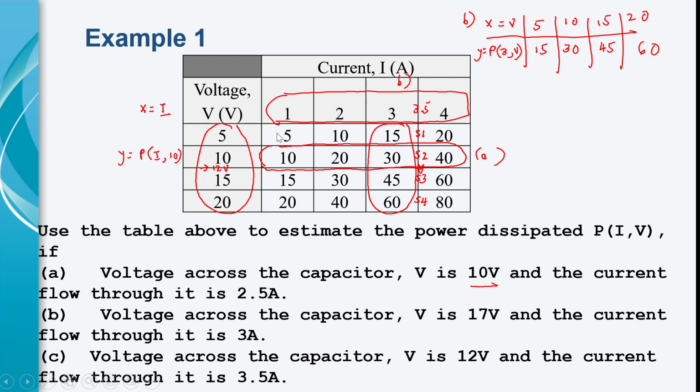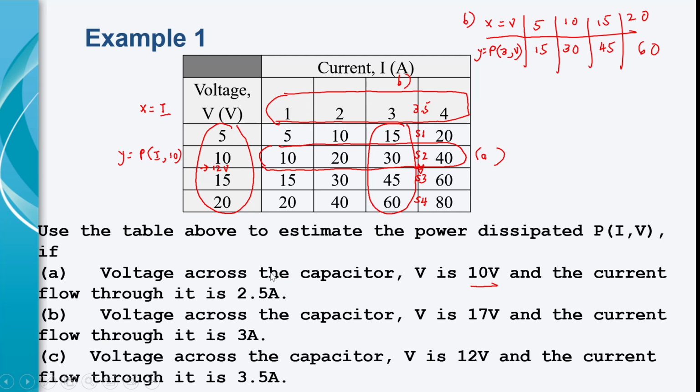The data 10, 20, 30, 40, 15, 30, 45, 60, 20, 40, 60, 80 are the power dissipated at different current I and voltage V. Use the table above to estimate the power dissipated. Power is a function of current I and voltage.